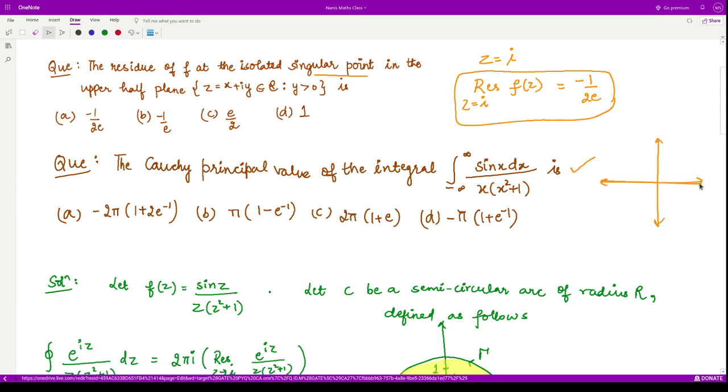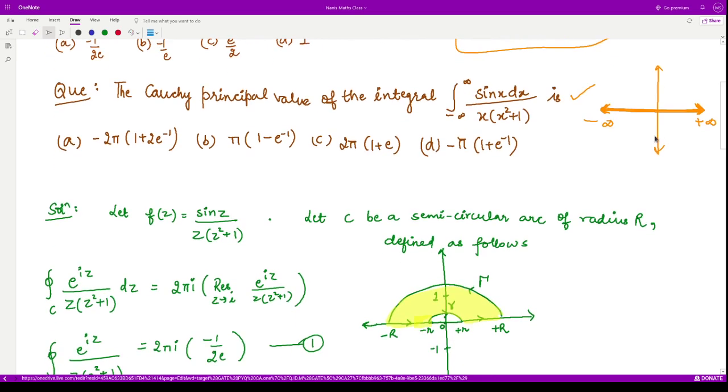The integration is being performed on the x-axis. What we can do is convert this integral into the variable z, so we replace x by z. So we would have sine z divided by z times z square plus 1.